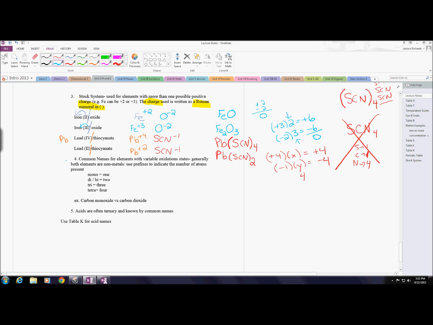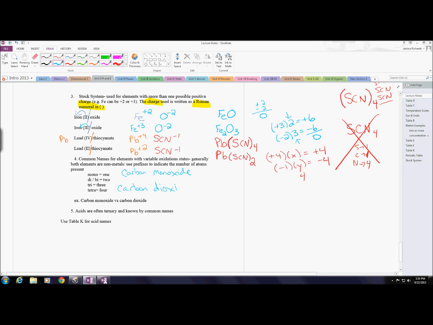Last little bit for naming here. There are a few compounds that you're going to have to do common names for, and it's typically when you have 2 nonmetals together. Things like carbon monoxide versus carbon dioxide.